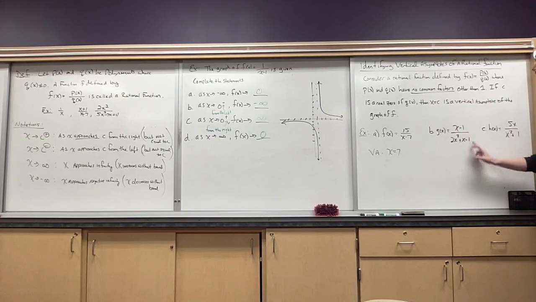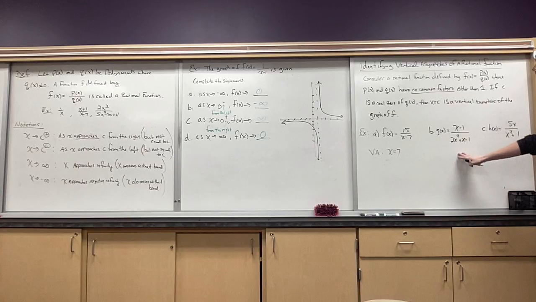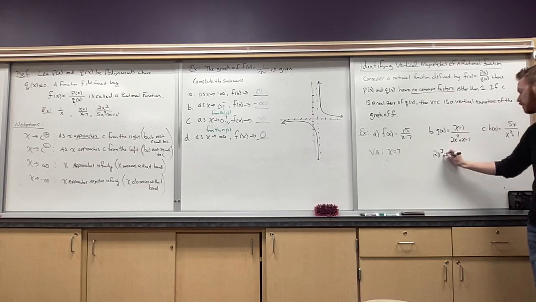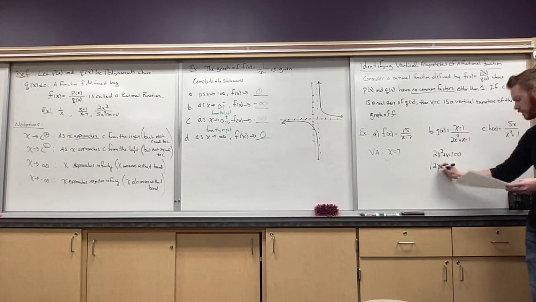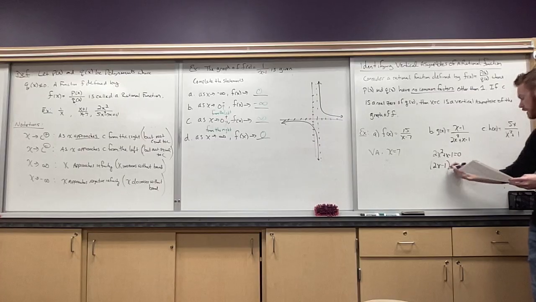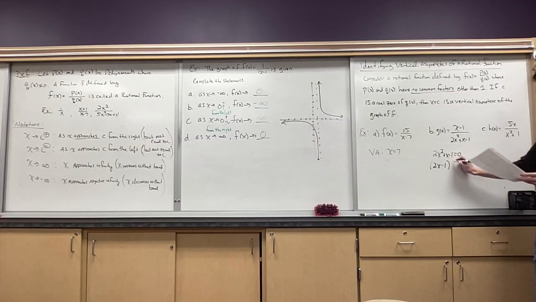Okay, this guy. Well, I have a quadratic, right? So that just means I got to simplify it and see what makes it 0. So I could have more than one vertical asymptote. That can happen. So let's go ahead and set this equal to 0 and solve. I'm just going to solve by factoring. So when you factor this, you get 2x minus 1, and then x plus 1 equals 0.